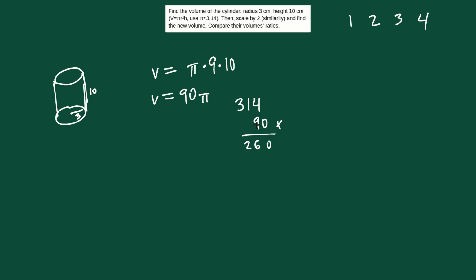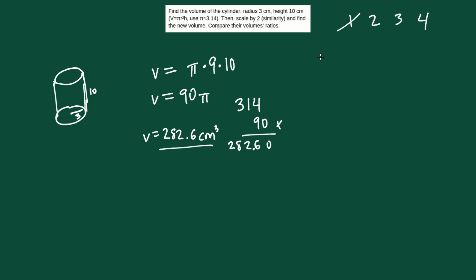Carry the 1. 9 times 3 is 27, plus 1, 28. And then we need 2 decimal points because it's 3.14, so right here. So our volume is 282.6 centimeters cubed. Don't forget the units when you're doing volume. Okay, so that's step 1. That's done.